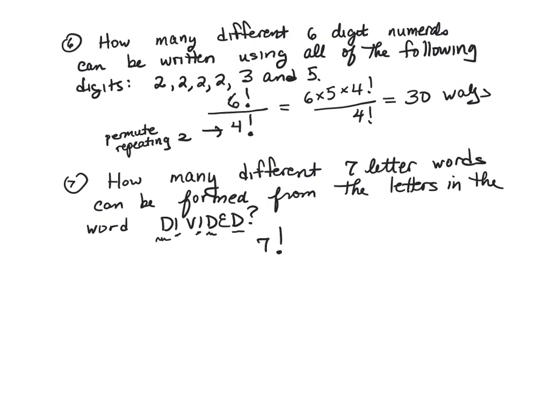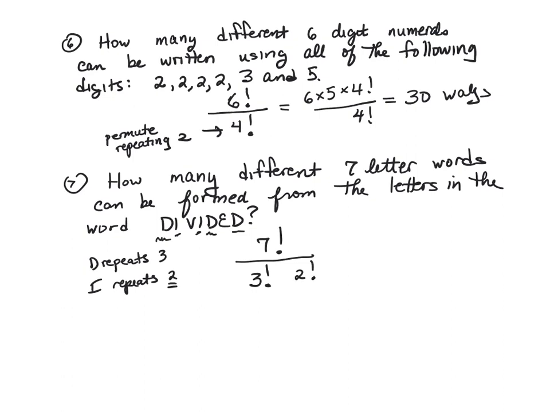However, the D repeats 3 times. So we have to divide that by 3 factorial ways to permute the D's if they were different. We also have the I that repeats 2 times. But we have to divide that by 2 factorial.